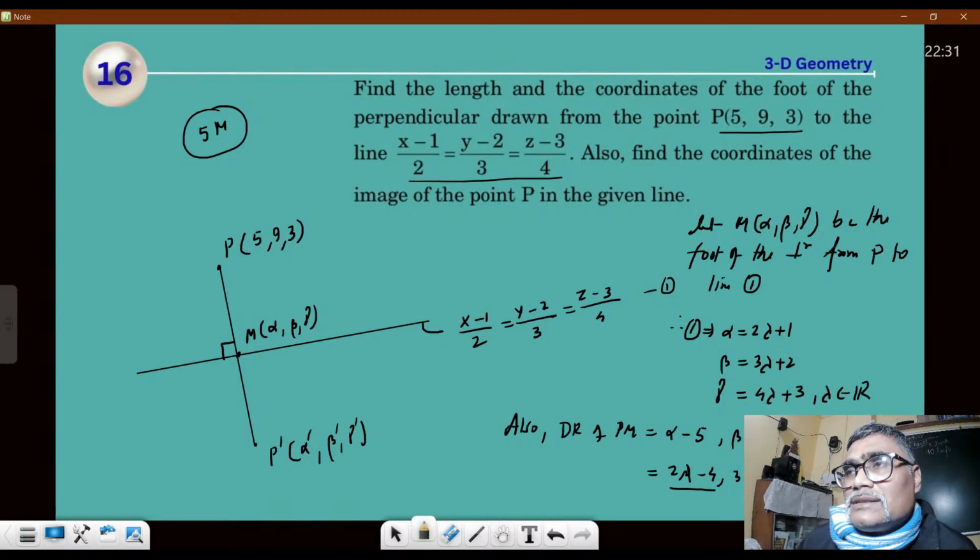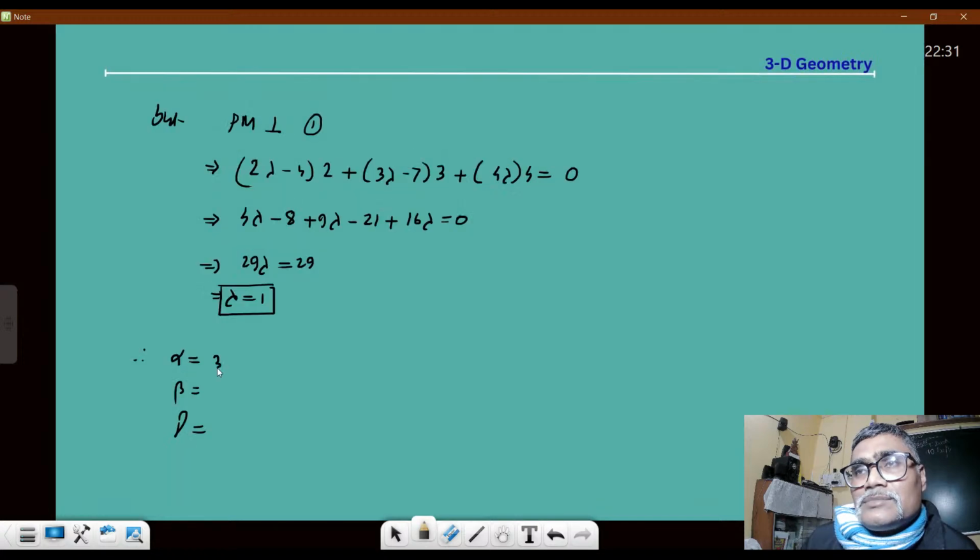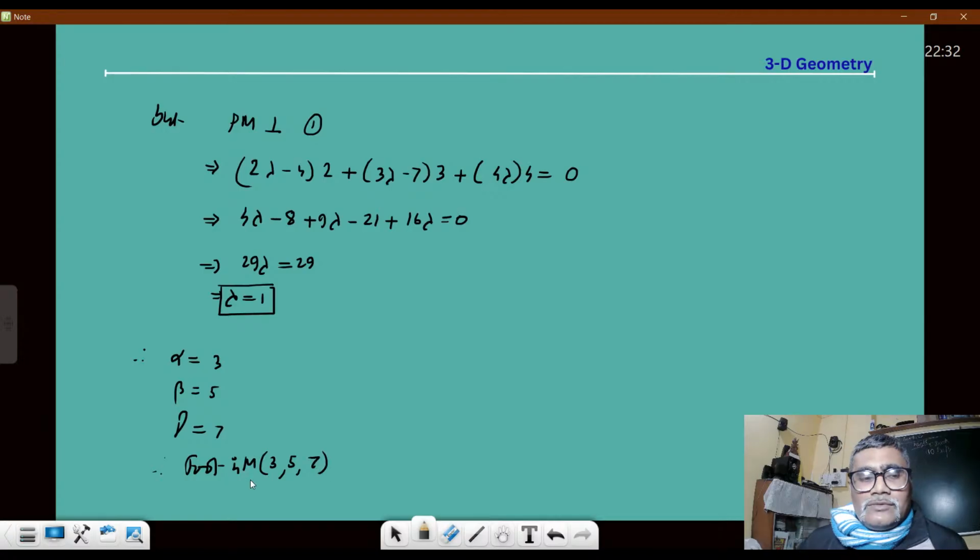That means 3, 5, 7 are respective coordinates of the foot. So I'll write, therefore foot is 3, 5, 7. That is the coordinate of the foot.